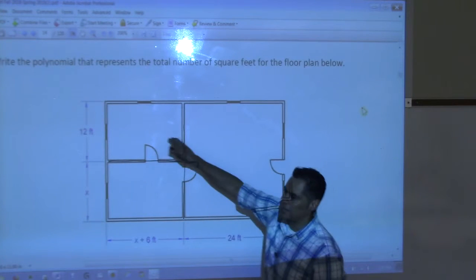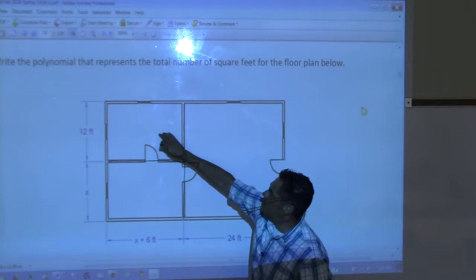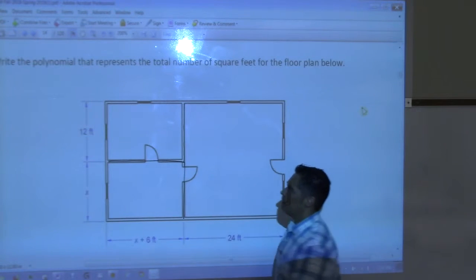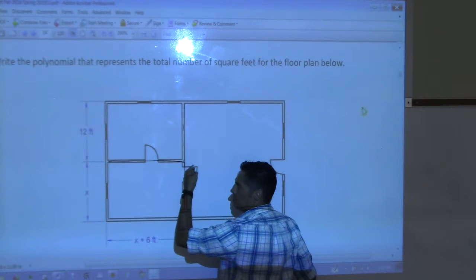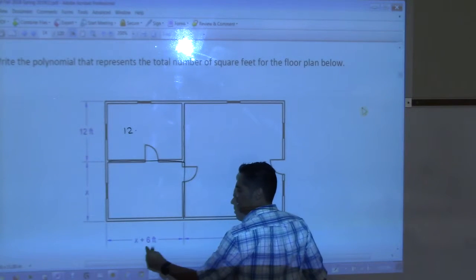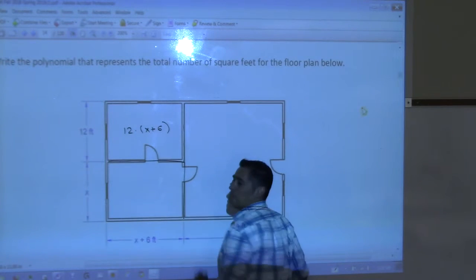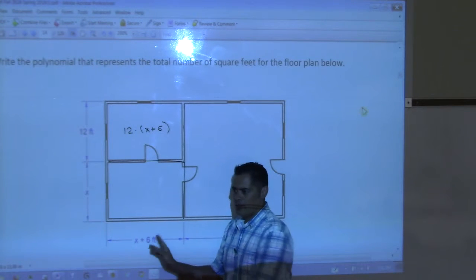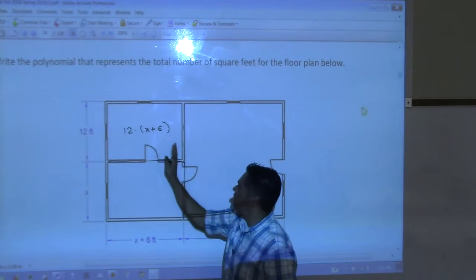This one, and this one. So what's the area of this one? Can you tell me what the area of that piece is right there? It's this side times this side, right? So the area of this would be 12 times this right here. X plus 6, right? And it has to be in parentheses because it's 2 terms here. You're multiplying it by 12, so the 12 has to go through to both. So that'd be the area of this.